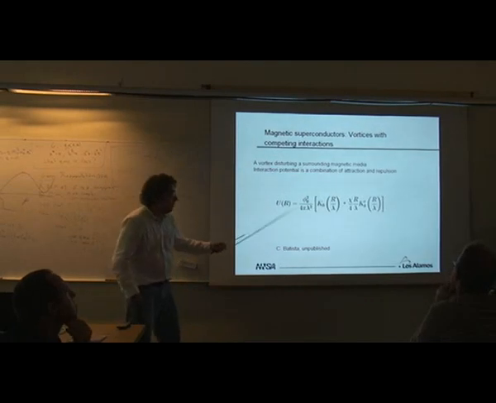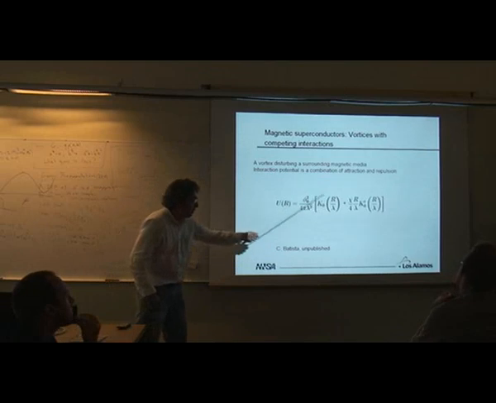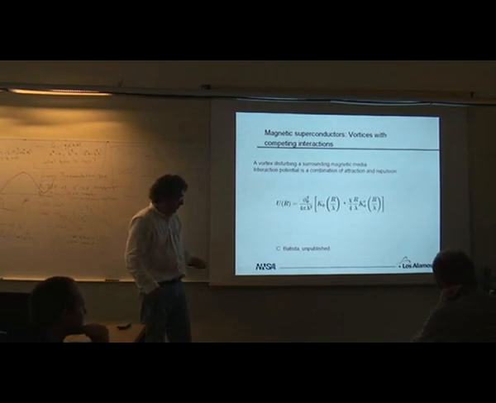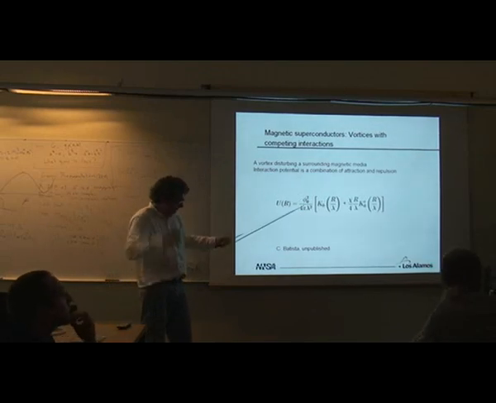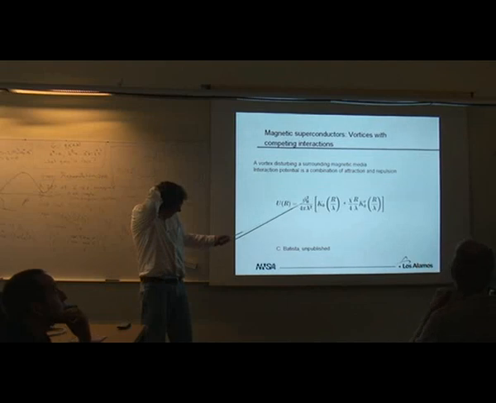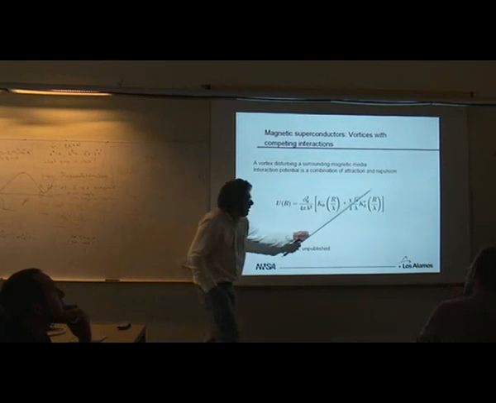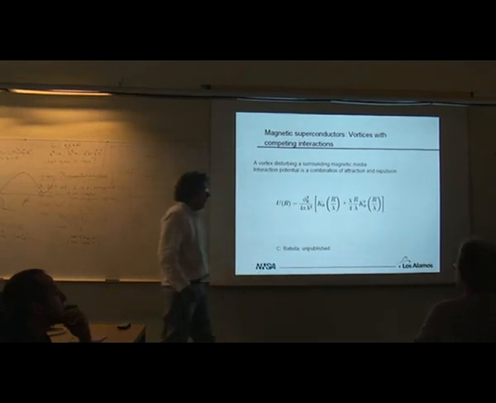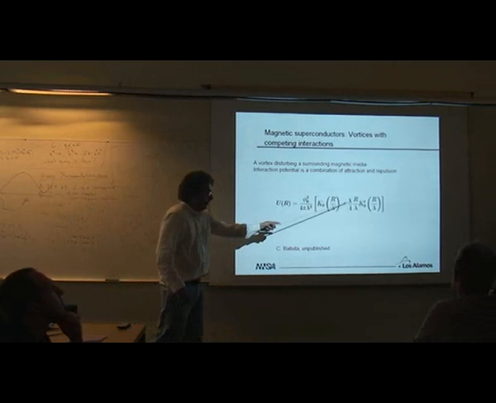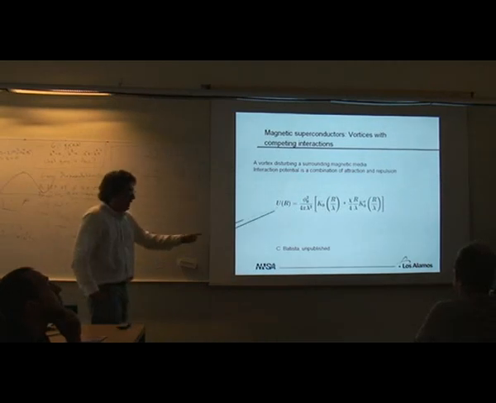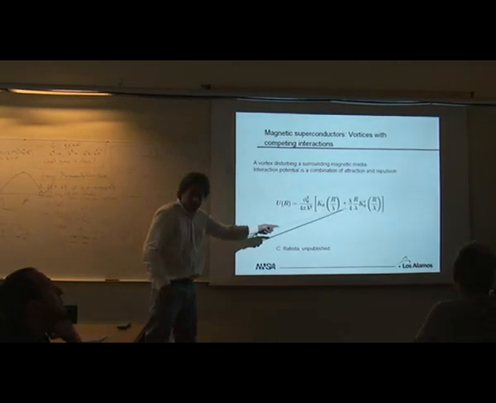So your pair interaction, this is the standard repulsive pair interaction for the vortex lattice, but this is the attractive term mediated by the susceptibility. So you have something that has a long range attraction.